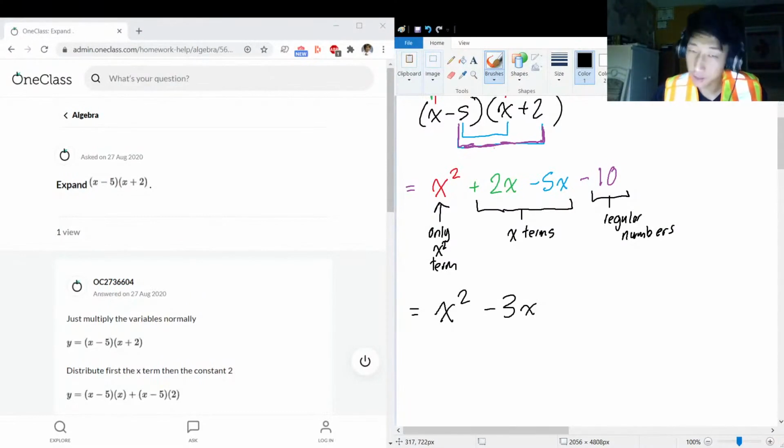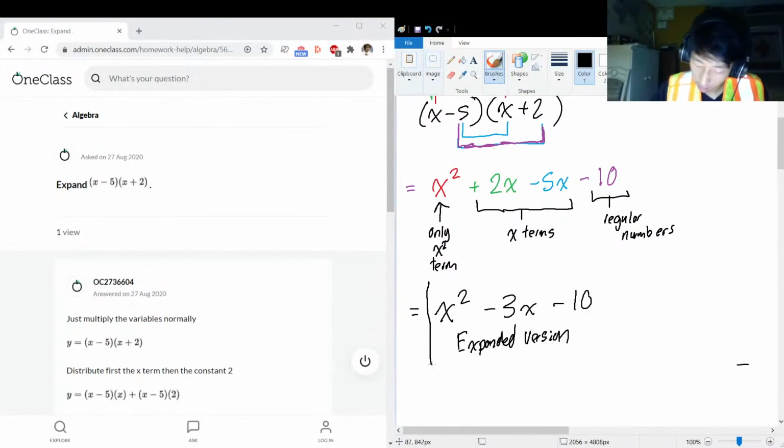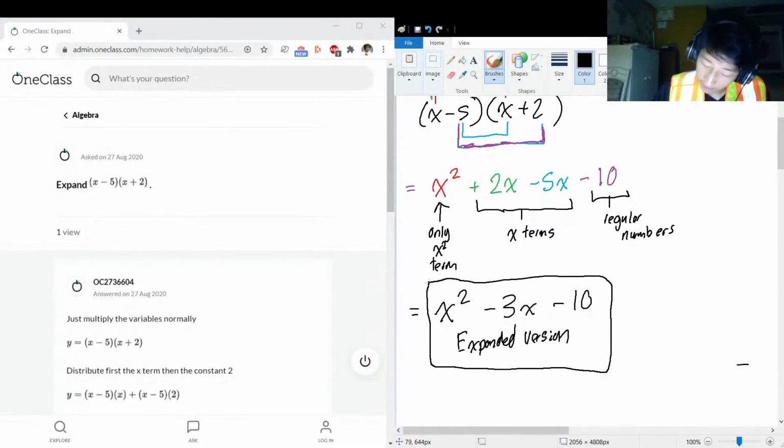And the regular numbers stay the same. There's only one regular number, and we're going to keep it that way. So we have negative 10. Cool. So that is our expanded version of the equation. And then we can have a celebration that we found it and that things are all looking good.